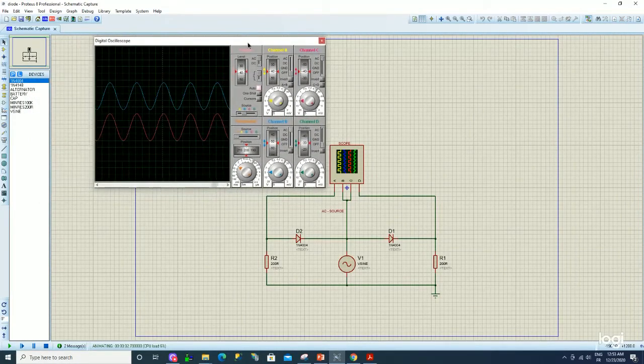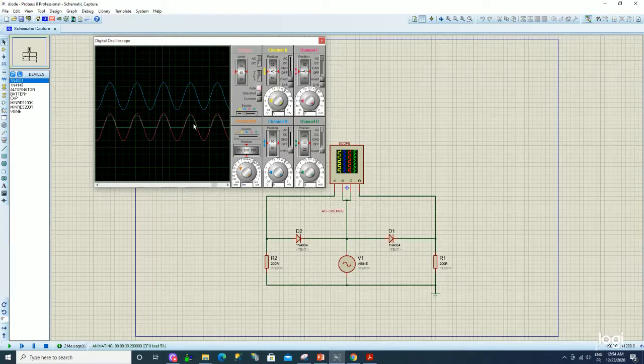Here you can see channel B and channel C. Channel B is the blue curve and channel C is the red one. To display the output of my first circuit, the output at the cathode of diode 1, it's the D channel. Let's turn it on. As you can see here, all the negative signals are suppressed by this diode.